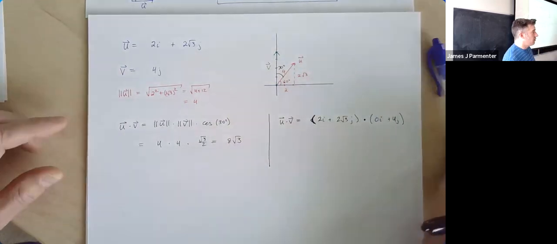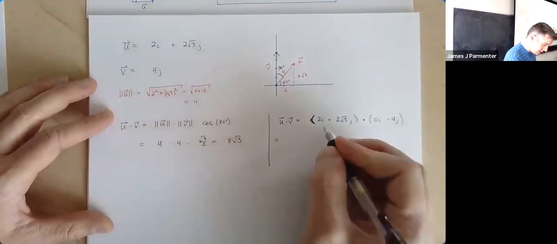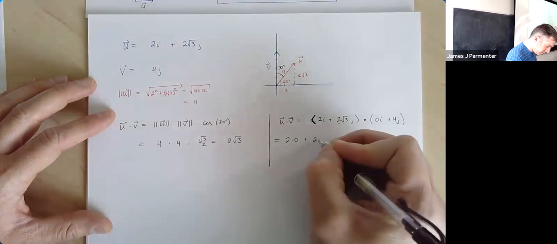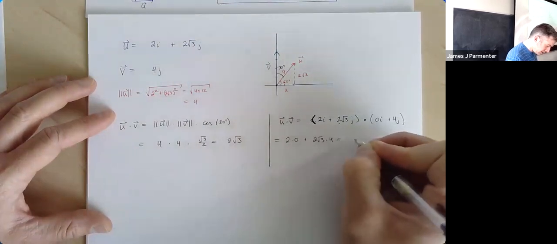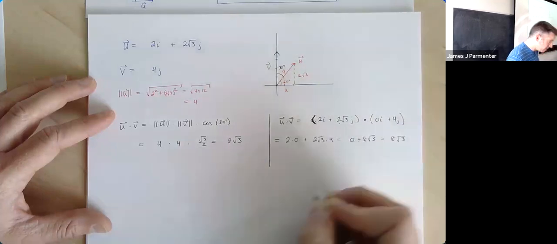Apologies, I wrote it in this weird way. You can find the dot product of two vectors by multiplying the corresponding components together and adding up the results. So this is going to equal 2 times 0 plus 2 root 3 times 4, which ends up being 0 plus 8 root 3, which is 8 root 3. Same value.